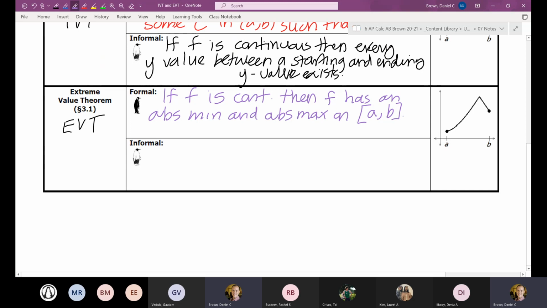So that is what the theorem says in its formal math definition. What does this basically mean? A function will have both an absolute min and max on a closed interval.